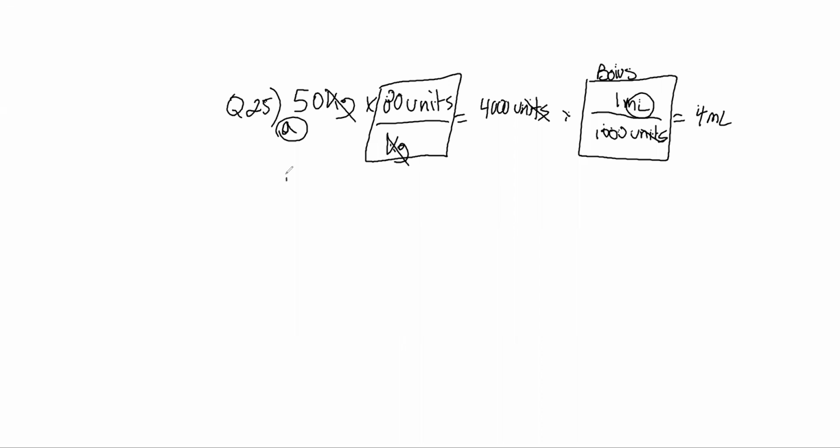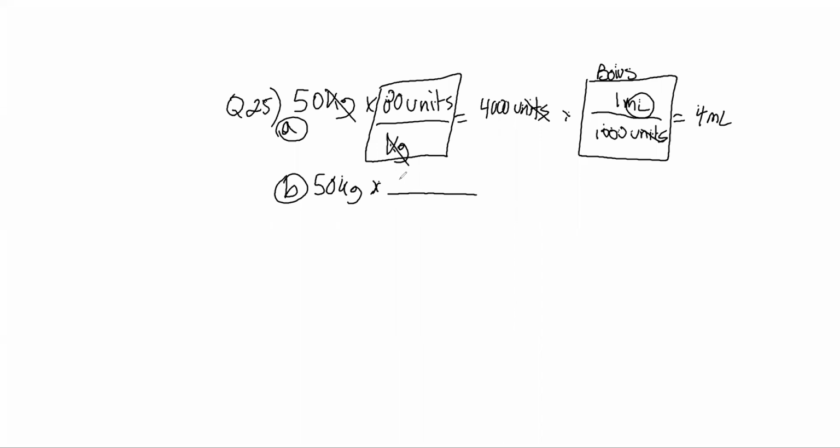B is very similar. I'm going to take the same patient weight, and B tells me to calculate the infusion rate in milliliters per hour for the heparin IV drip. So what I need to know is what my initial infusion rate is supposed to be set at, and that's where you go back to either the beginning of the question where it tells you the protocol, or step 10 of the protocol where it says start drip at 18 units per kilogram per hour.